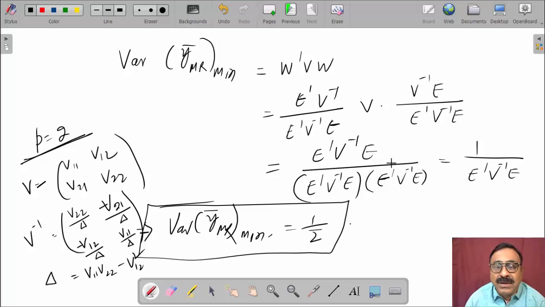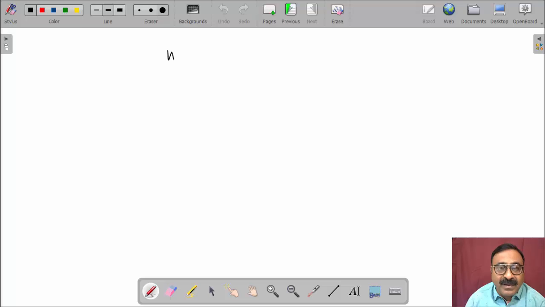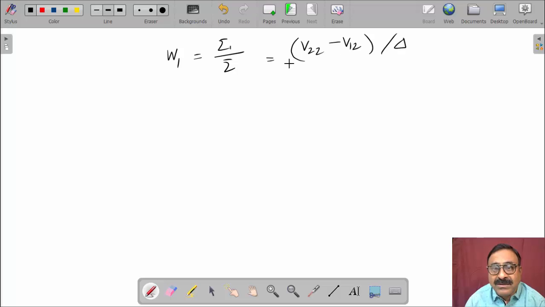So we get W1 equal to sigma 1 by sigma, that is equal to V22 minus V12 by delta divided by V11 plus V22 minus 2 V12 by delta.